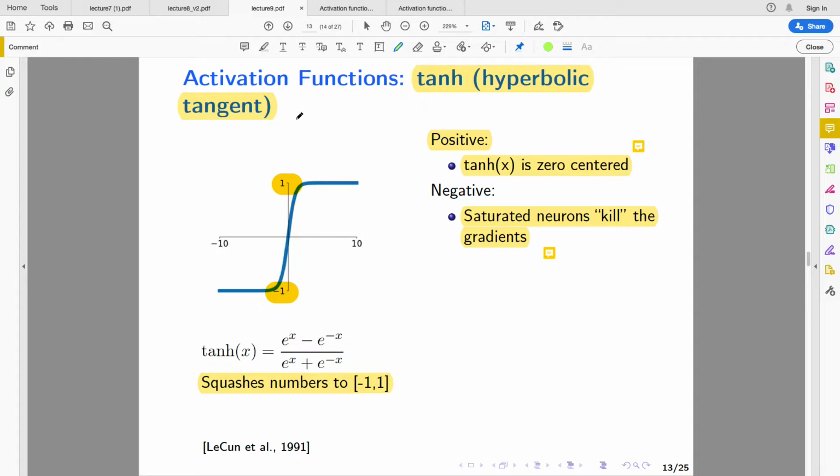Now we're looking at another type of activation function, which is the hyperbolic tangent. Essentially, the only difference between the sigmoid and the hyperbolic tangent, or tanh, is that all the outputs of tanh fall between -1 and 1, unlike the sigmoid, which is between 0 and 1.